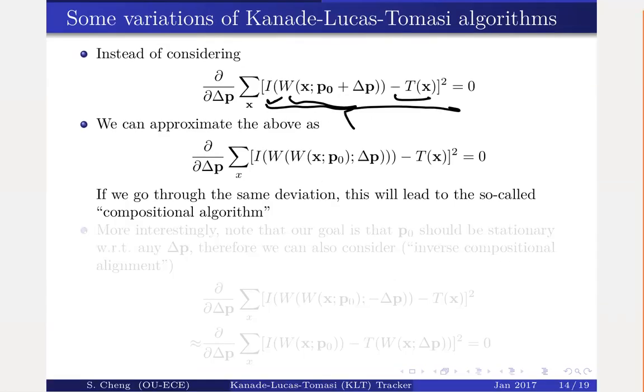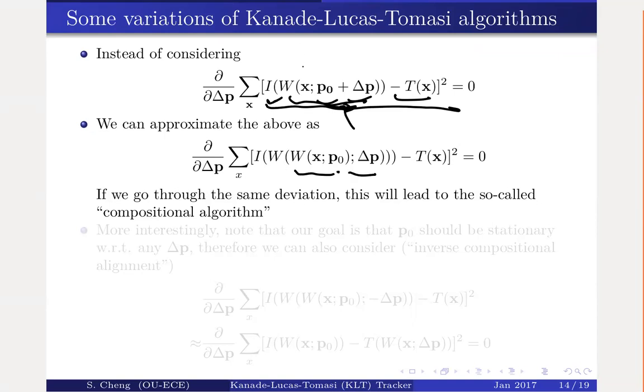Now I can split this warping into warp by P0 and also delta P. I can do a two-step warping: I first warp the coordinates by P0 and then warp the coordinates by delta P.